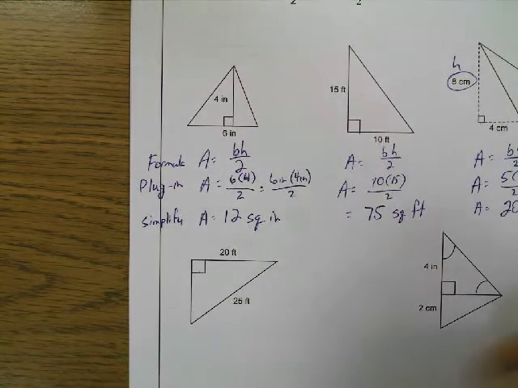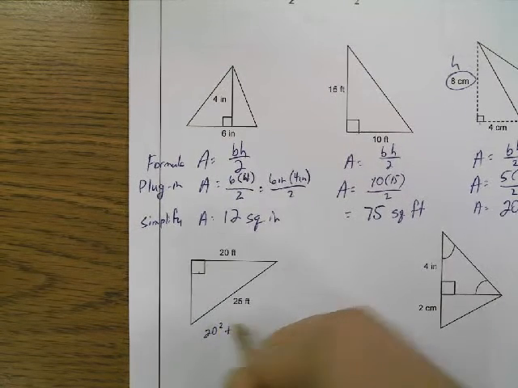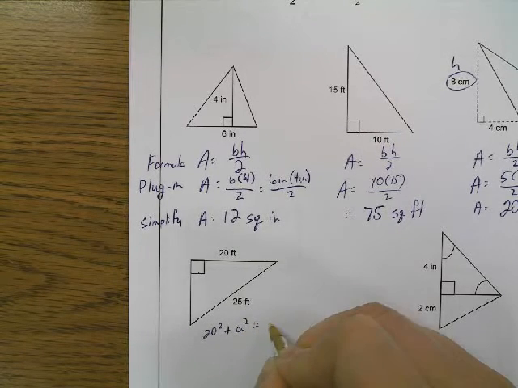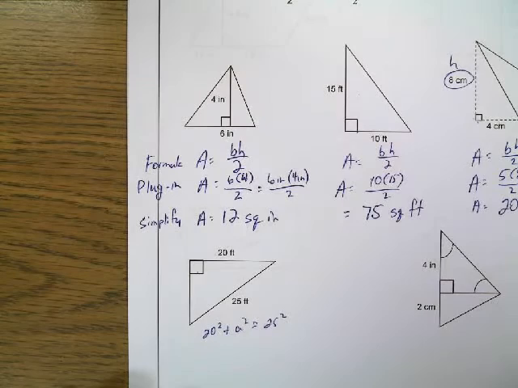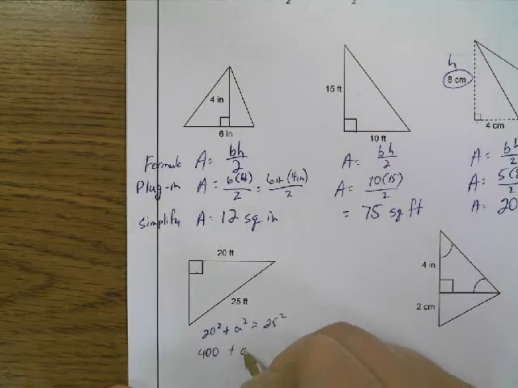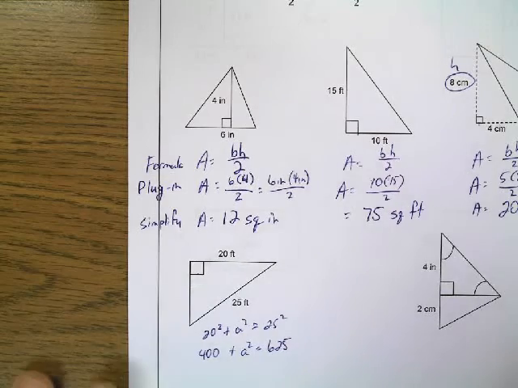Since it's a right triangle, you're going to need to do 20 squared plus, I'll call this the a squared, is equal to 25 squared. So if you type into your calculator 20 squared, you're going to get 400 plus a squared equals 625.